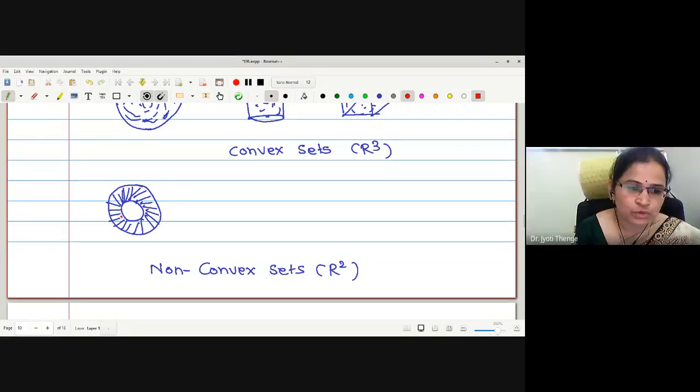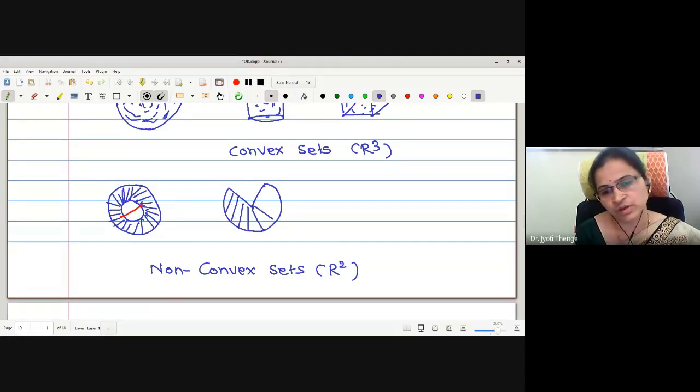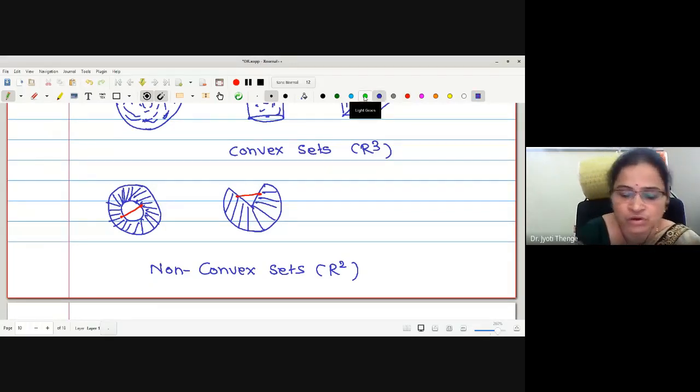No, it is not, because if I consider these 2 points and join them by a line segment, then this line segment is not covered in the given region. Therefore, this is an example of a non-convex set. Or if I consider a figure like this, is it convex? No, it is not convex. Again, if we consider 2 points here and draw the line segment, the line is not in the given region. Therefore, these are examples of non-convex sets.